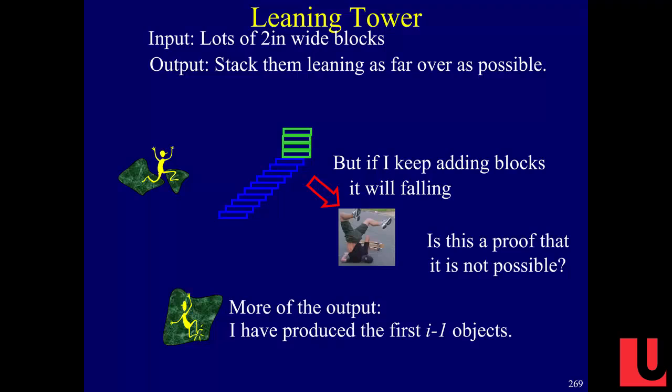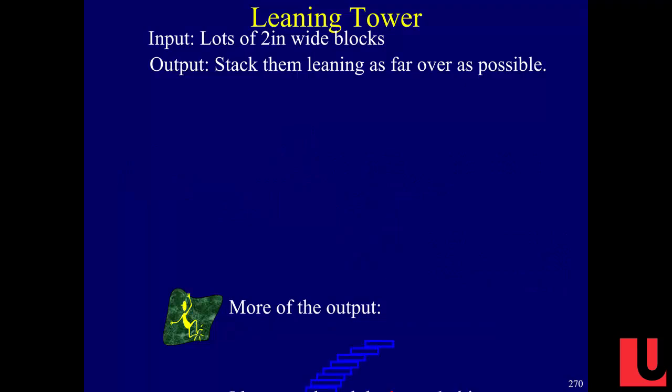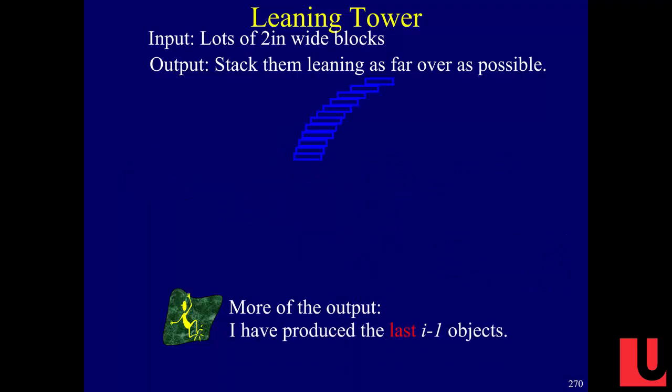And so, working towards that, we're going to turn things around. We're going to still do more of the output, but we're going to build it from the top. So our loop invariant will be that we've stacked something up like this already, and that it doesn't fall over, and we've made some progress.